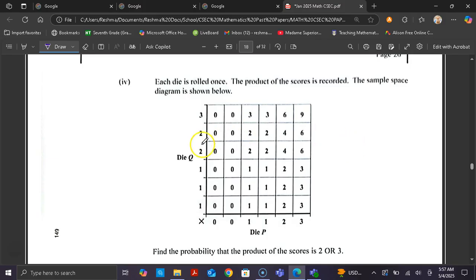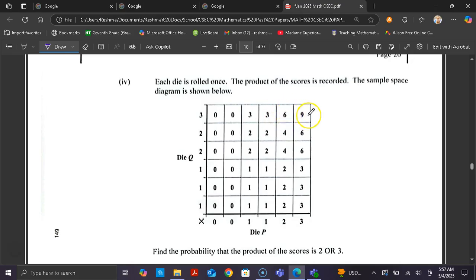So let's understand this, right? Remember, we have two different dice. So die P, these are the scores. Die Q, these are the scores. So we're saying that if we multiply these scores together, remember they said the product of the scores is recorded. So if on die P you roll a 2 and on die Q you roll a 3, then 3 by 2 gives you 6.